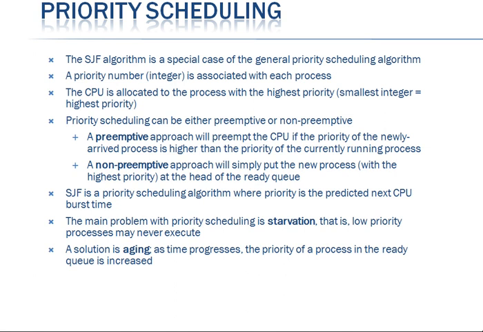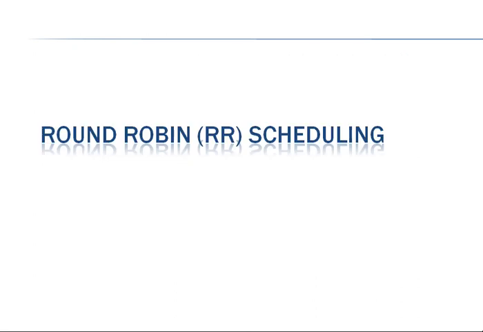If we want to solve this problem of starvation, we can adopt aging. Aging means as time progresses, we increase the priorities of the processes that are waiting in the ready queue. This is called aging.